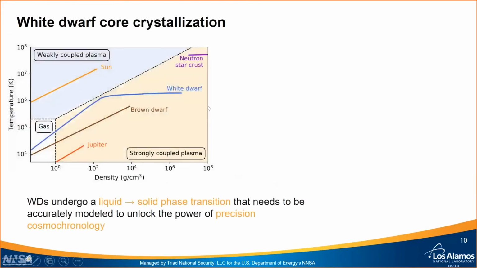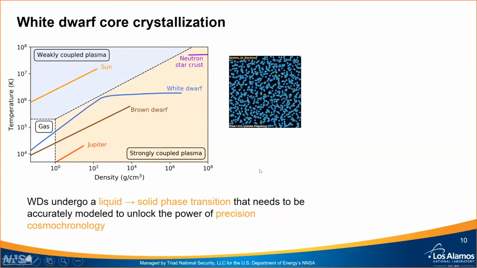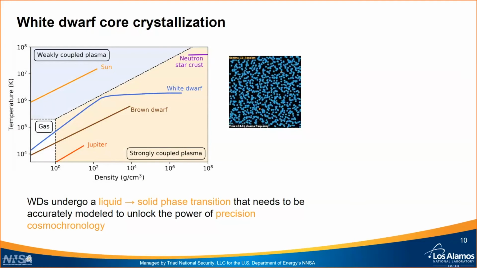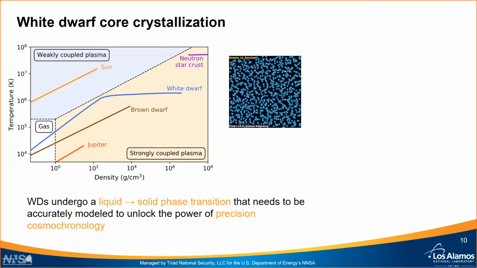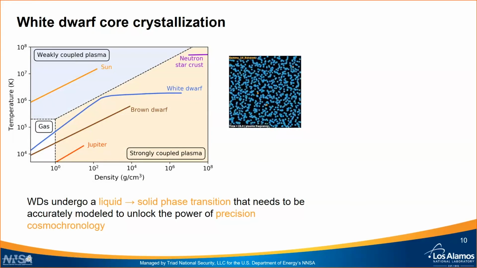So as I said earlier, the density in the center of white dwarfs is very high. And this means that the carbon-oxygen plasma is completely ionized, and the electrons are completely degenerate. So if you look at the interior of a relatively hot and young white dwarf, you would see that the carbon and oxygen ions can move around pretty much as they wish.